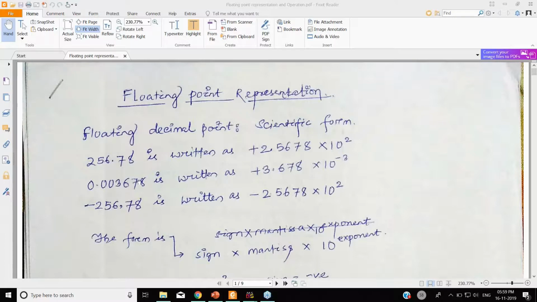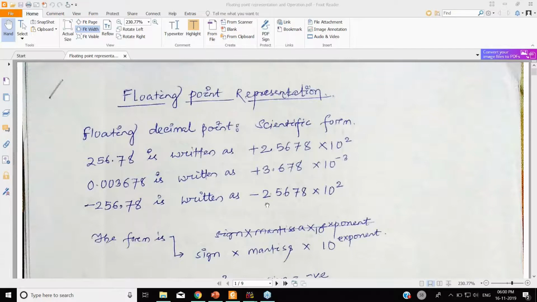Similarly, with others like 0.003675, it can be written as 3.675 into 10 to the power minus 3. Similarly, a negative number also can be represented like this.